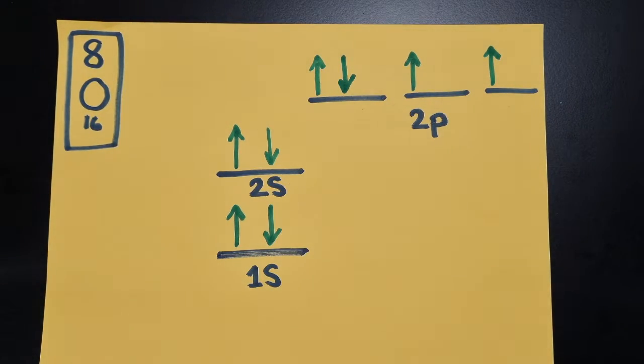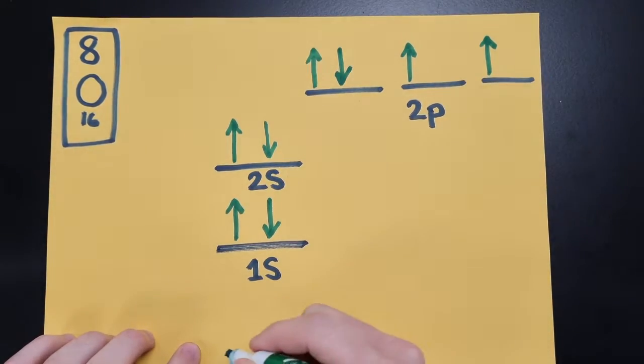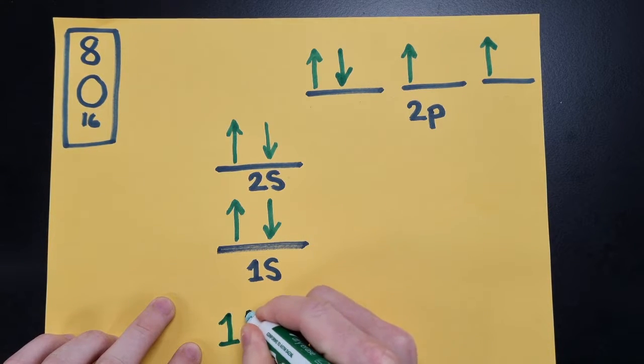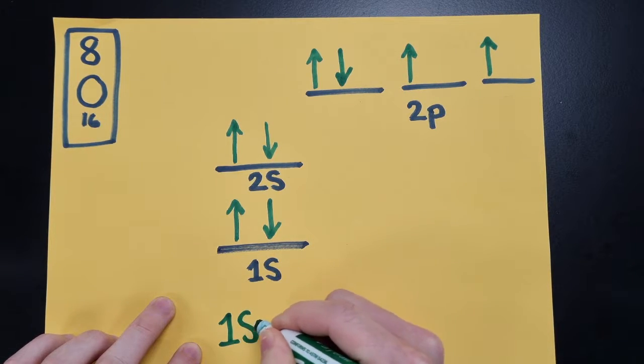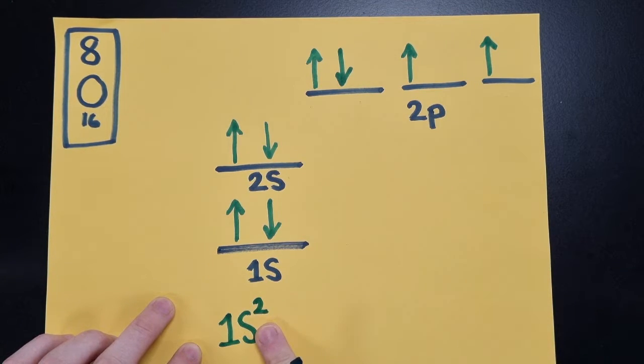Now, how we actually write this in an exam is a little bit different. We fill in the gap down below. Because 1s is complete, we write 1s and put it to the power of 2. We highlight how many energy we used in that moment.